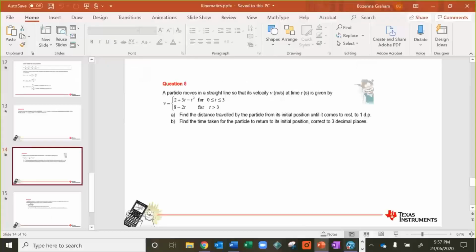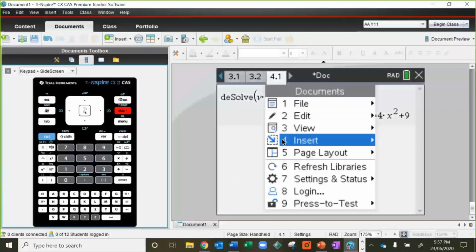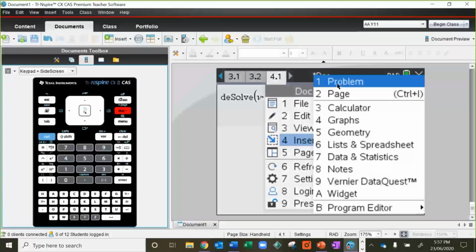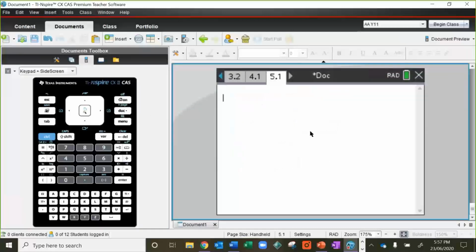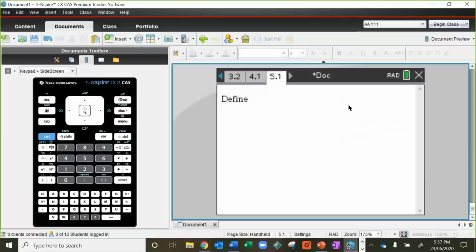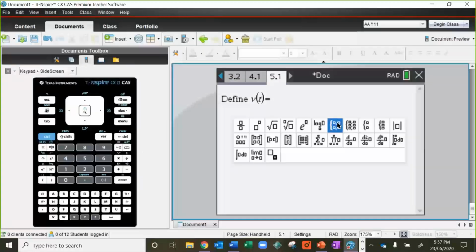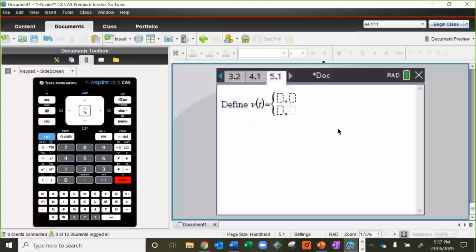Whenever we deal with piecewise function for velocity, we need to define velocity as a piecewise function. To do that, I will use menu actions define, and I will say v in t equals, and we go to the template, and here we have the piecewise function.